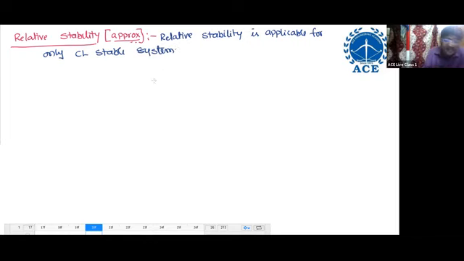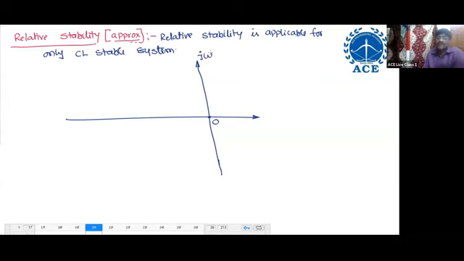Why? Because, listen. For example, this is the S-plane. Here it is S equal to 0, the j omega axis. Now relative stability is with respect to a certain point in the left hand side.